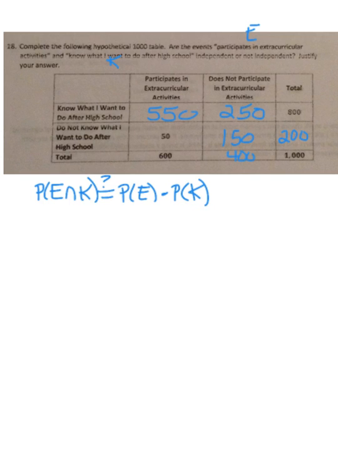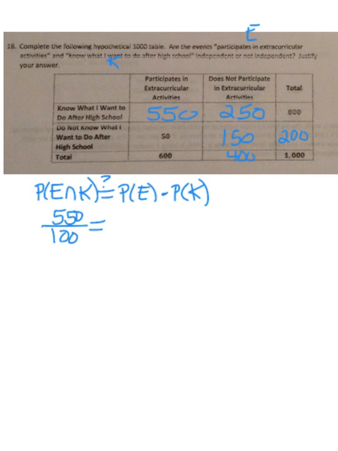So we're going to figure that out. Extracurricular and knowing what I want to do would be right here, but again, out of 1000. So that's going to be 550 over 1000.